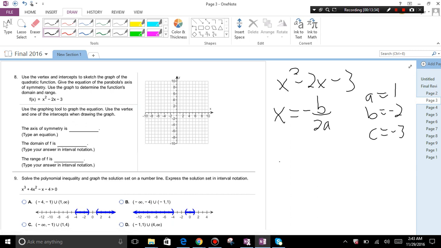In this case, that is -(-2) over 2 times 1, which is positive 2 over 2, which is 1. That's the x-coordinate of the vertex.